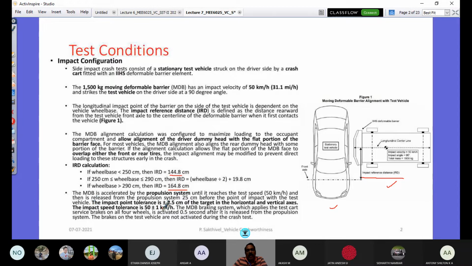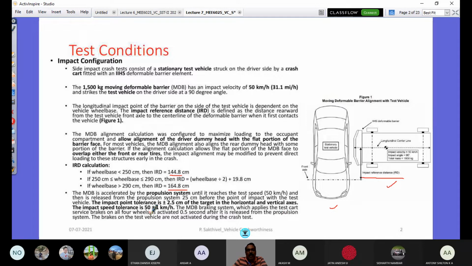The impact point tolerance is plus or minus 2.5 centimeter of the target in the horizontal and vertical axis. The impact speed tolerance is plus or minus 1 kilometer per hour of 50 kilometers per hour. The MDB braking system applies the test cart service brakes on 4 wheels.